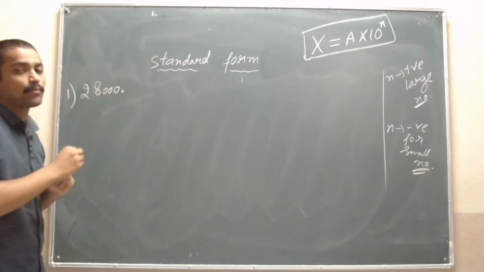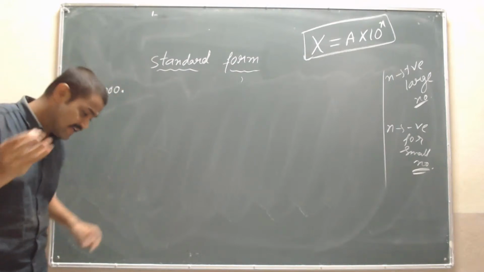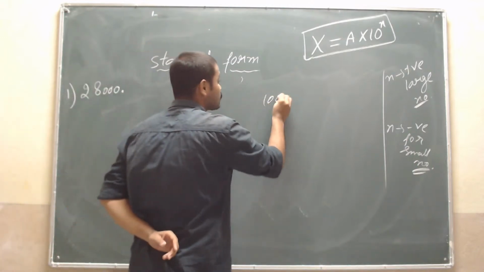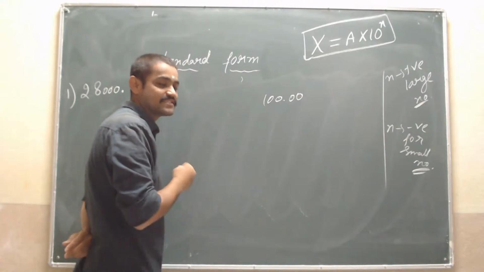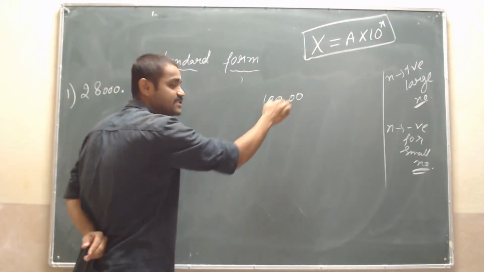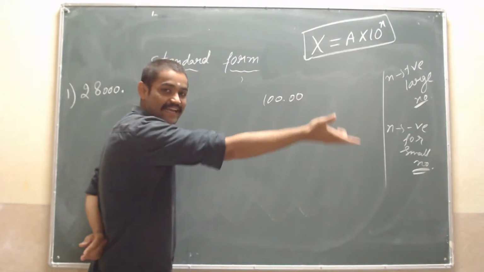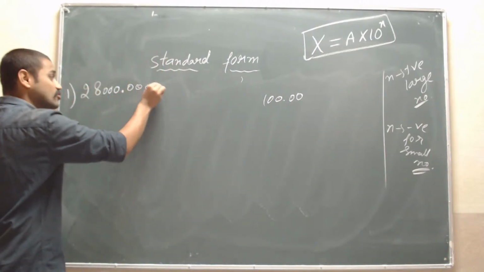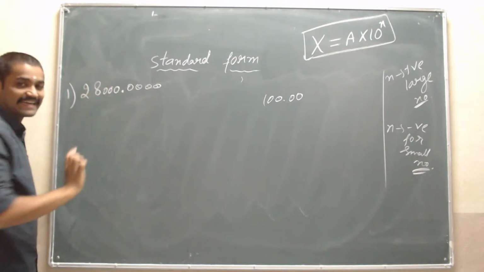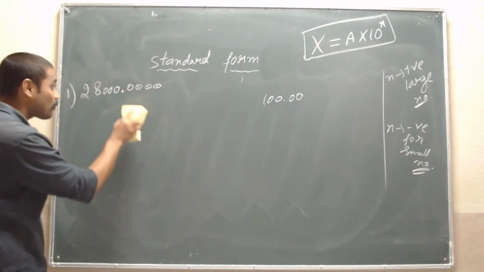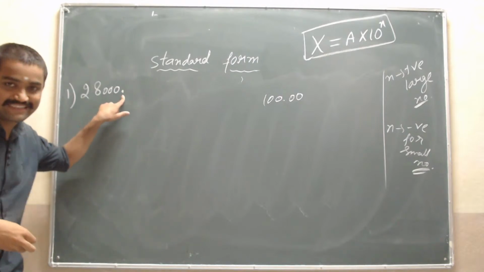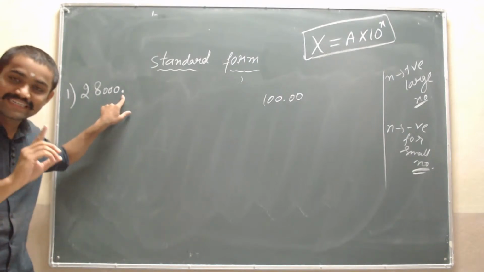In a bank you will have seen 100 rupees written like this, 100.00. These zeros are neglected, so here also the zeros are neglected. That's why the decimal point is at the last. Is it clear to you?